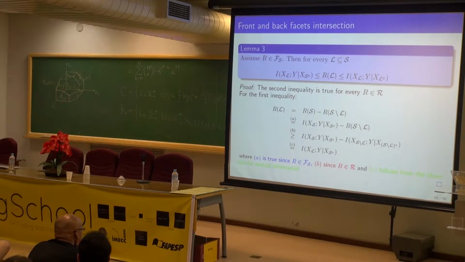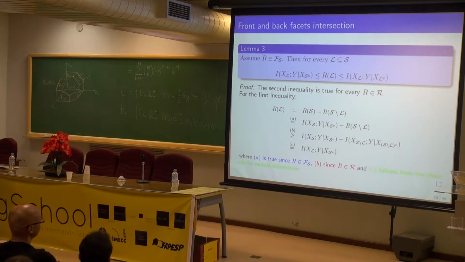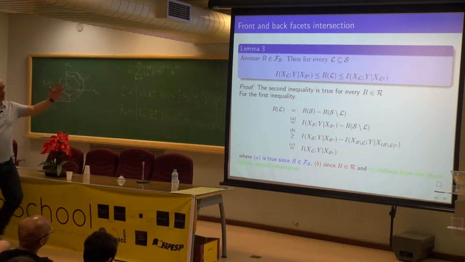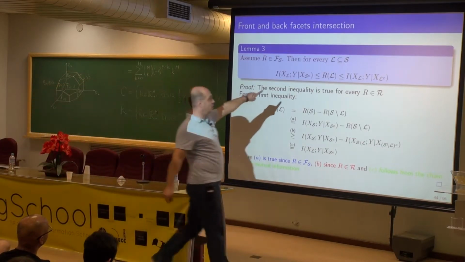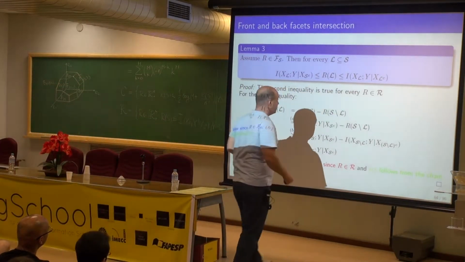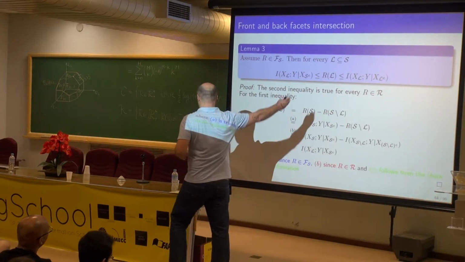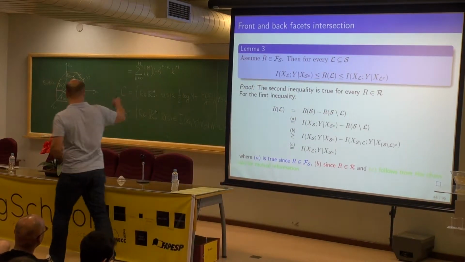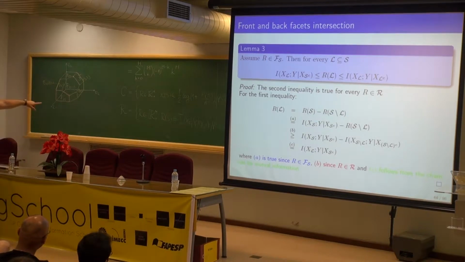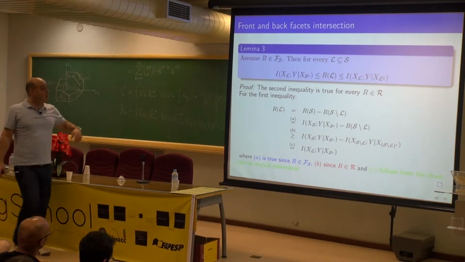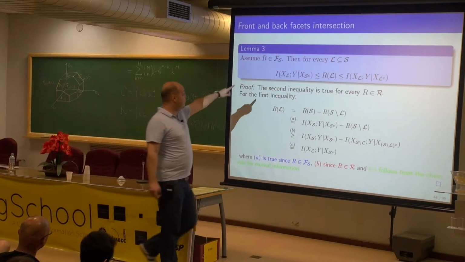If you're on the front facet, you are between these two rates. This one is always true because it's part of R. We said we can look at the second equation there. For any subset of M, and L is also a subset of M, we have this inequality.